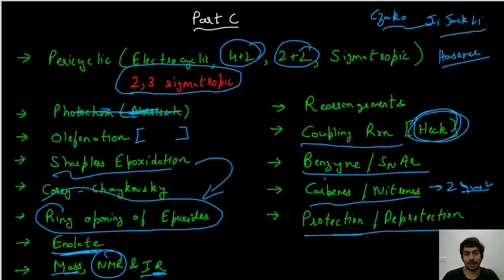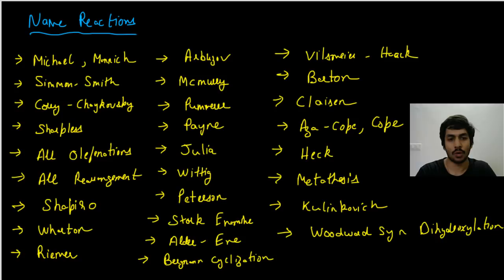Now coming on to the name reactions that are important. Like I have listed down some of the reactions that have been asked previously, right? Like I said, all rearrangement reactions, all olefination reactions are very important. Apart from that, we have your Michael reaction, Mannich reaction, Simmons-Smith reaction, Corey-Chaykovsky reaction, Sharpless epoxidation, dihydroxylation, all kinds of dihydroxylation.